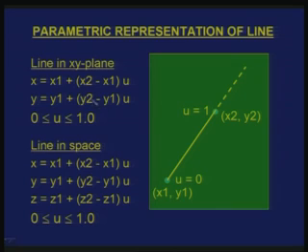This is basically an example of a line in an xy plane, which is shown here. I can extend the same definition for a line in space where I have two points, x1 y1 z1 and x2 y2 z2, and the two points need not lie in a specific plane. They need not be in an xy plane or parallel to an xy plane or any of the standard planes.